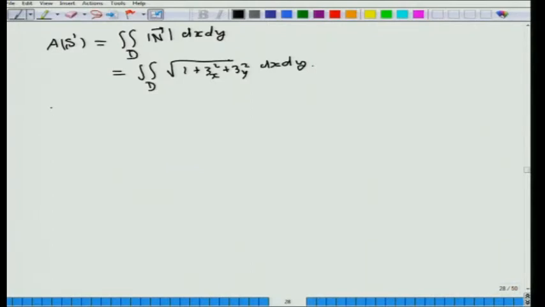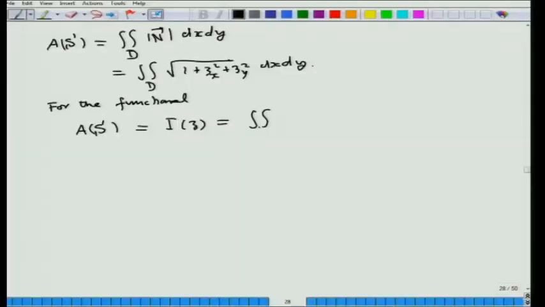So, thus now for the functional, here this area of S can be written as I of z, which is the integration over D of the square root of 1 plus z_x squared plus z_y squared dx dy.